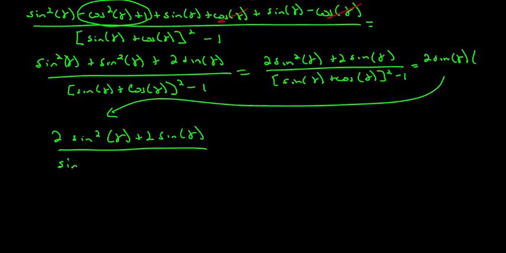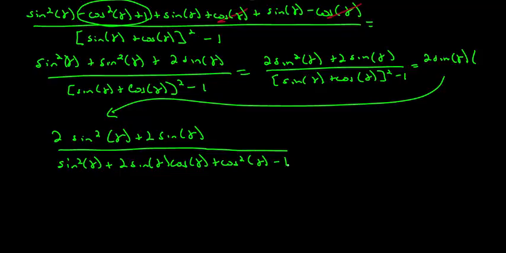I would get sine squared gamma plus 2 sine gamma cosine gamma plus cosine squared gamma minus 1. So basically what I did was I FOILed this thing out right here.